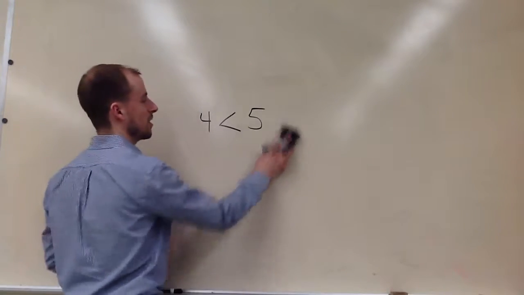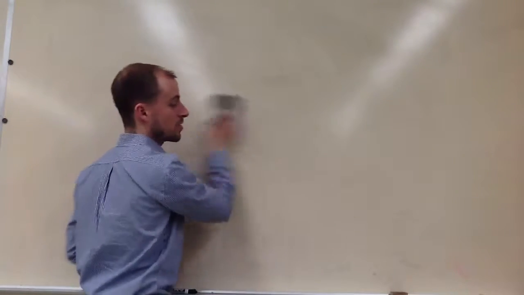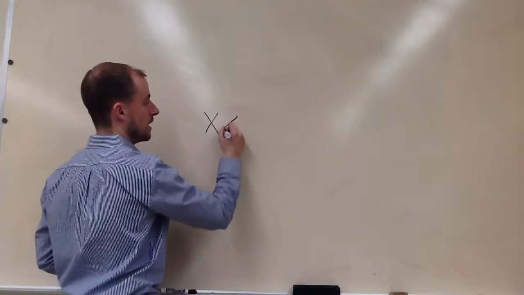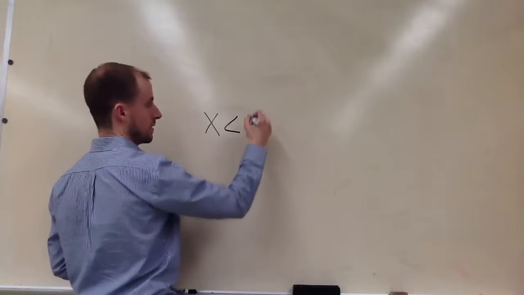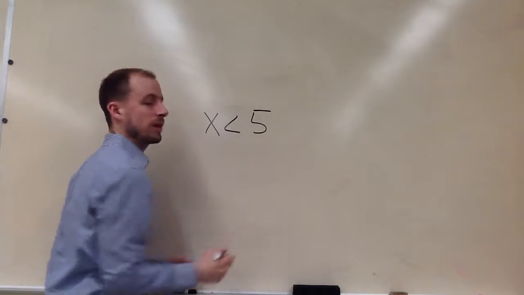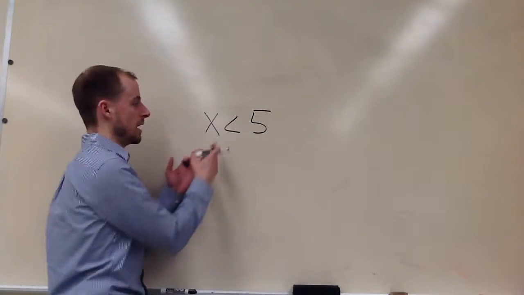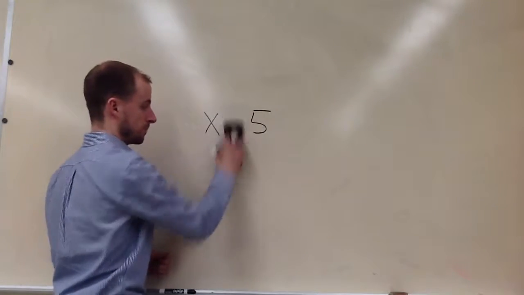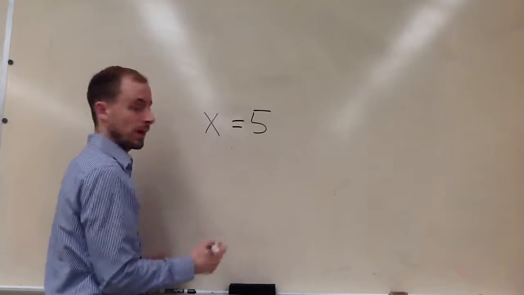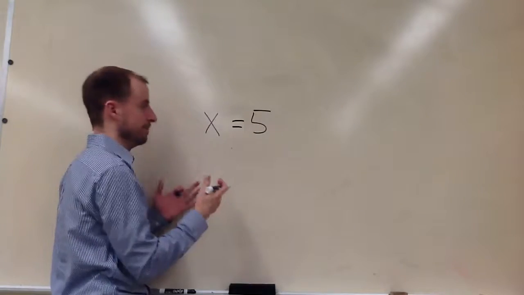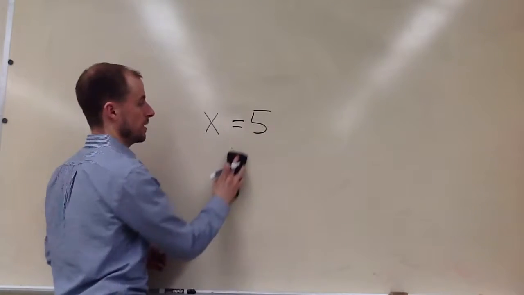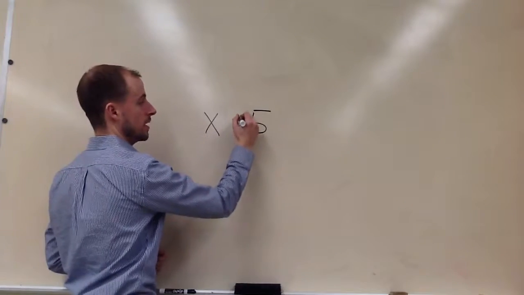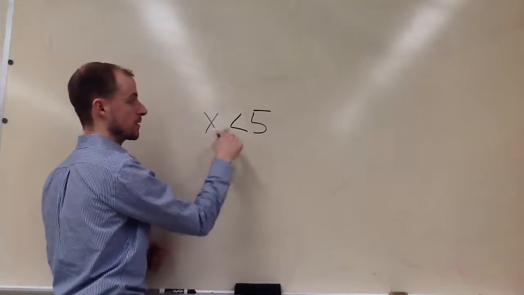All right, so what we're going to do, since this is algebra, is do something like this. x is less than, let's say 5 again. And we can talk about the different values x could be. If I just said x equals 5, well, x can only equal 5 here. x is 5, it's very straightforward. When I change that equal sign to an inequality, in this case a less than sign, it's x is less than 5.